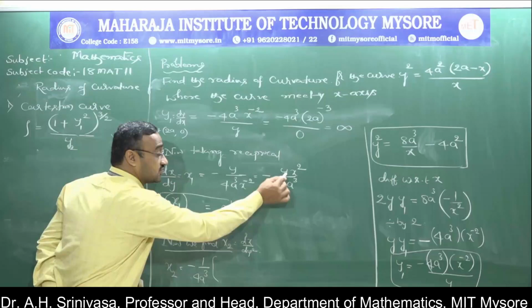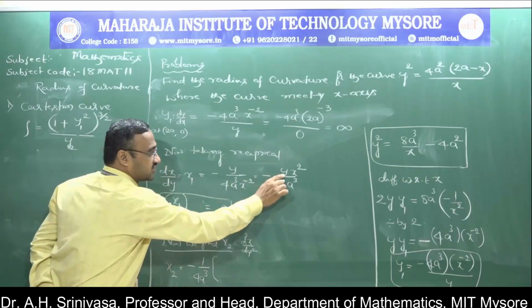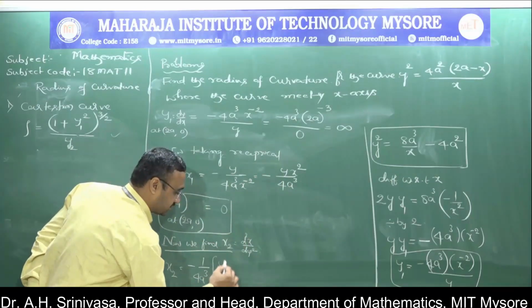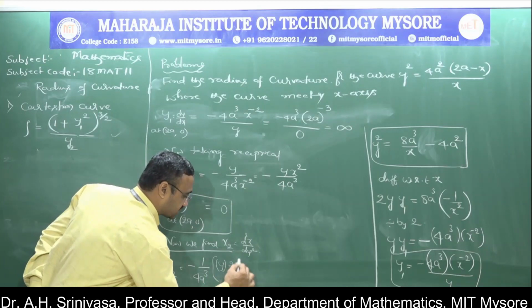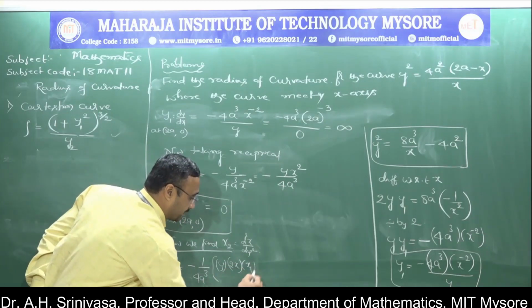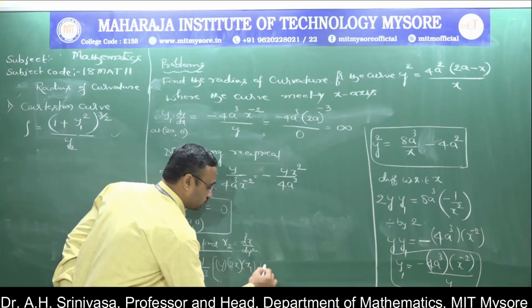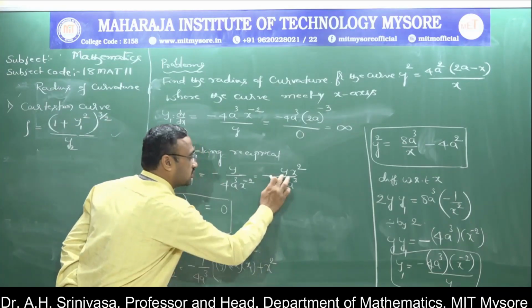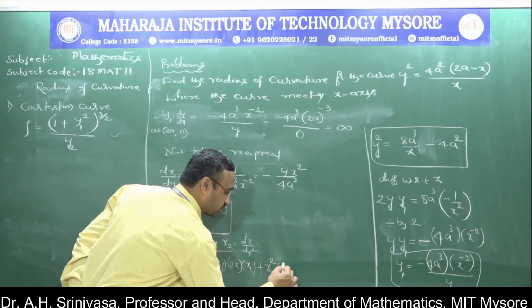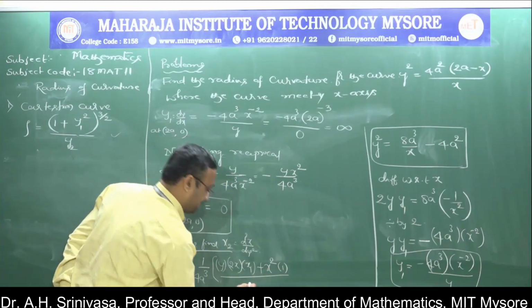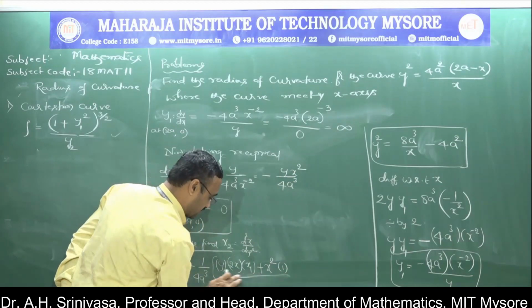Now differentiating this with respect to y, you have to remember, first into second: first into the derivative of the second, that becomes x1, dx by dy, plus second into the derivative of the first with respect to y, you putting 1. It is a product rule.